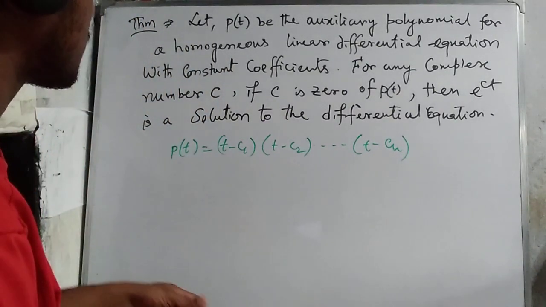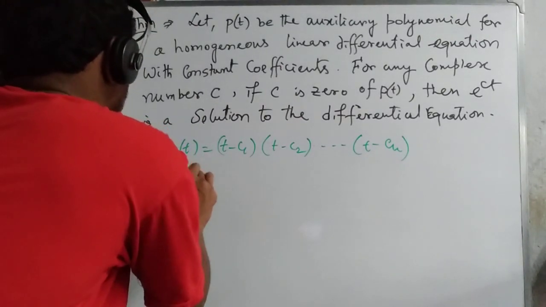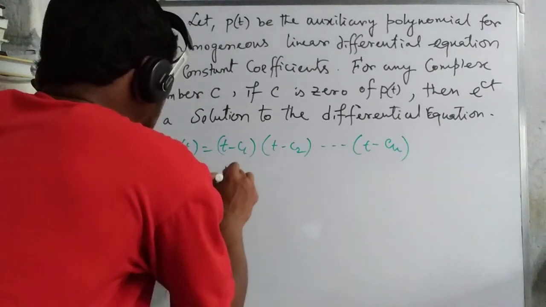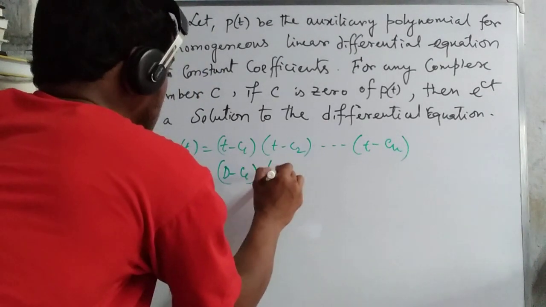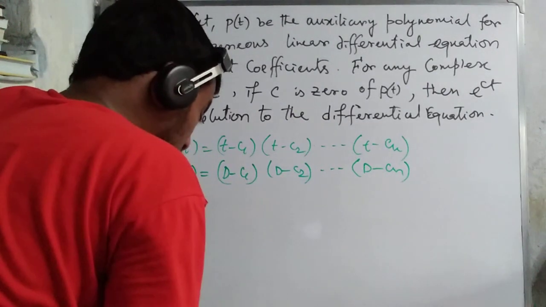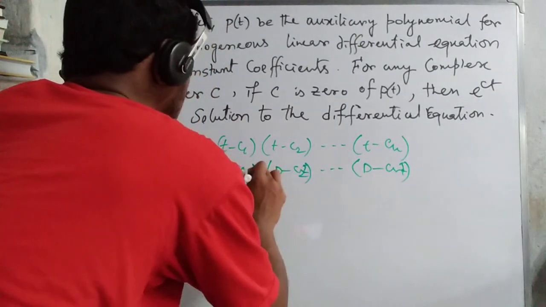In this way we discuss this one, and p(D) equals (D minus c1 I)(D minus c2 I) dot dot dot (D minus cn I).